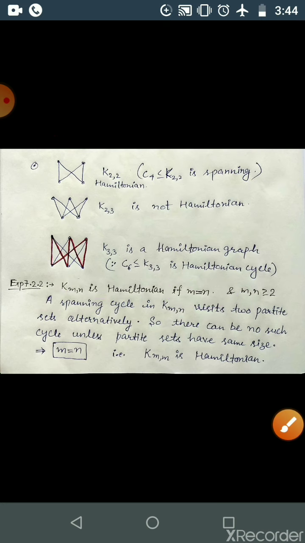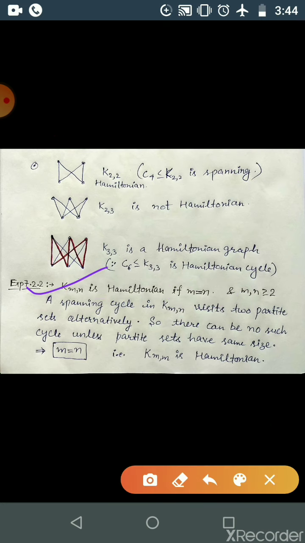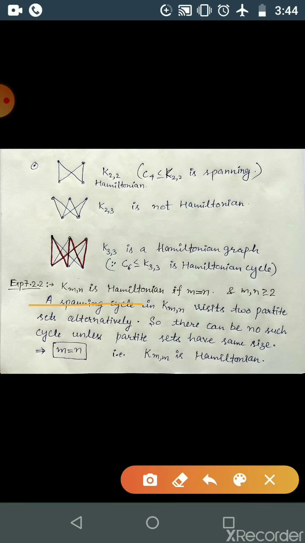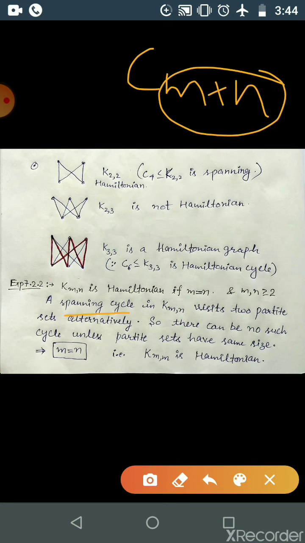Correct? So here I have just discussed why this is happening. Every spanning cycle, C2n, will exist whenever M is equal to N. In case of KMN, the order is M plus N, so the spanning cycle is C(M+N).